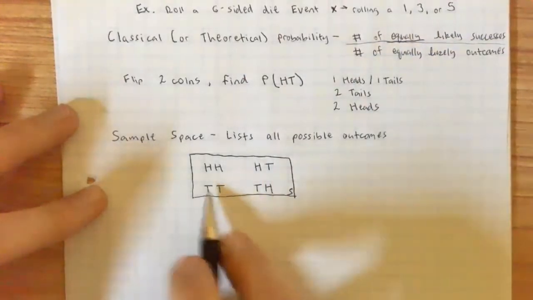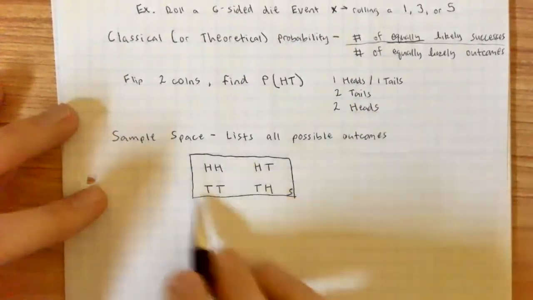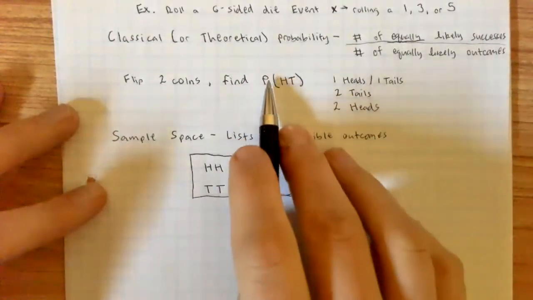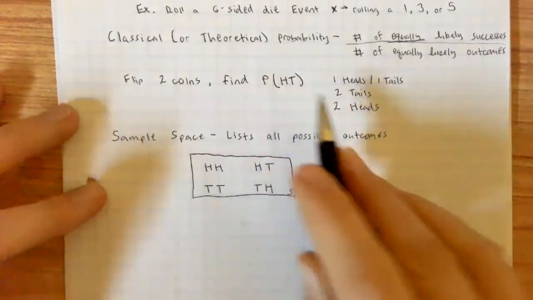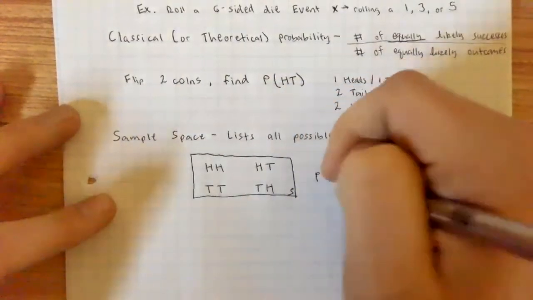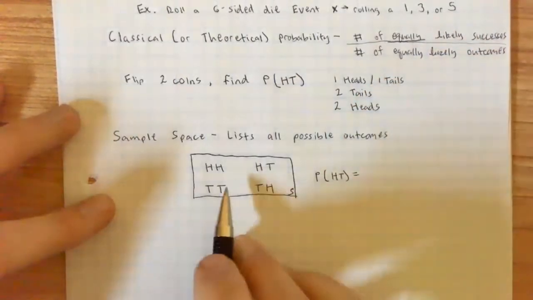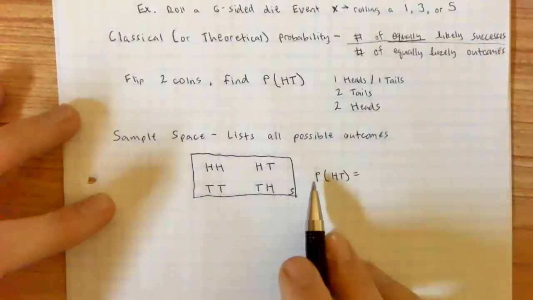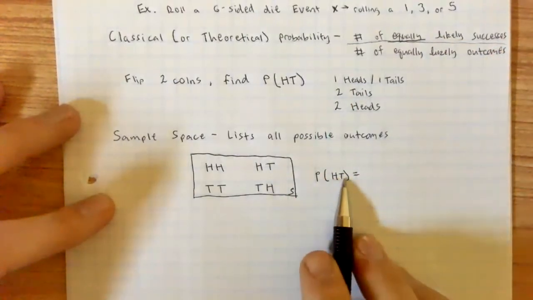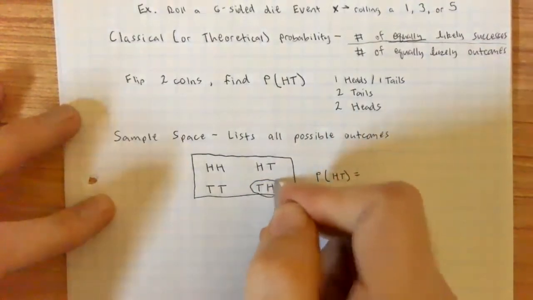When we look at this sample space, there's not actually only three outcomes. There are four altogether. So the probability when you flip two coins of getting one heads and one tails: if we count the number of equally likely successes, the successes in this case are where I have one coin heads, one coin tails. That happens here and also here.